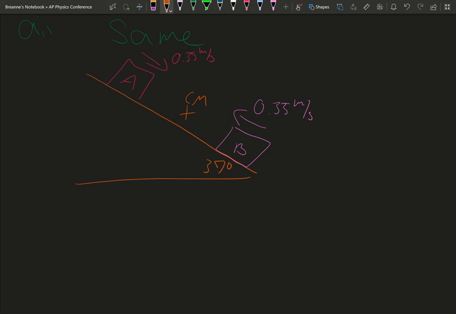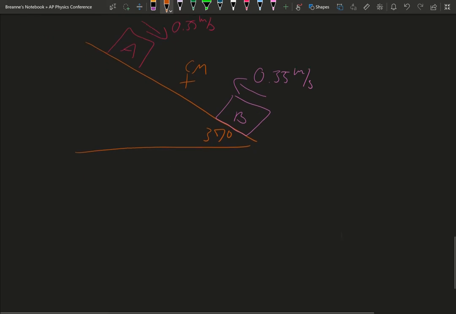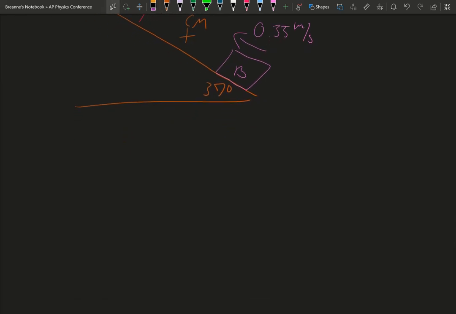Calculate the magnitude of the net force exerted on the two blocks at the instant shown above. It's actually asking for calculations. That's amazing. Okay, so it's wanting to know the net force of one block. It doesn't matter which one, you just pick one.